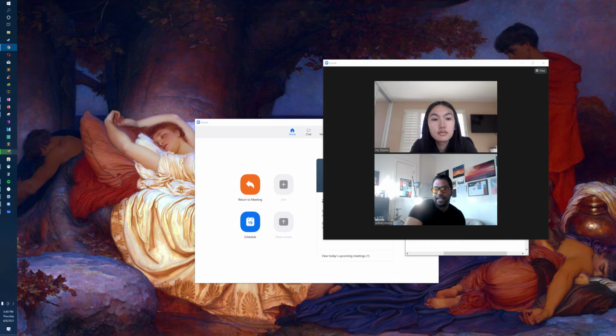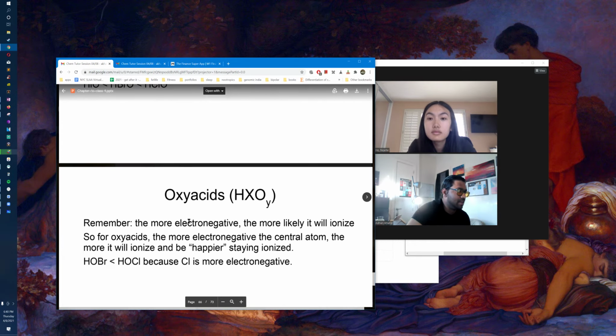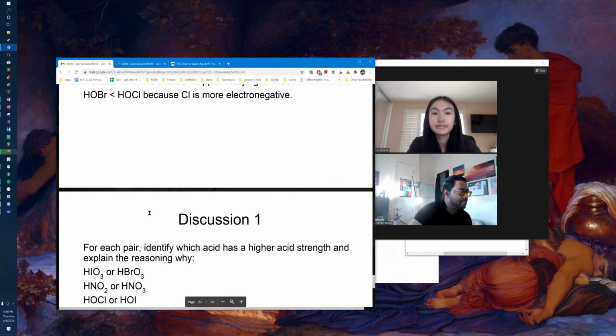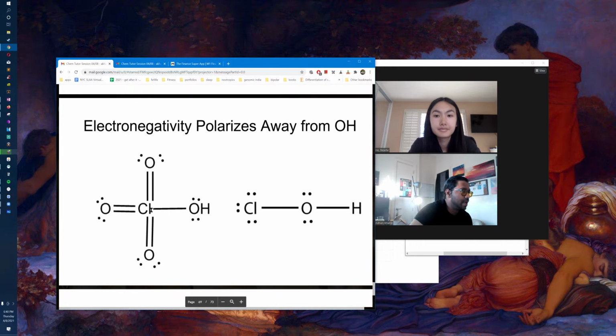Compare that to this, where if it loses the H, it's just a negatively charged oxygen and a chloride. Basically, the more oxygen atoms there are, the stronger it is because of resonance stabilization.